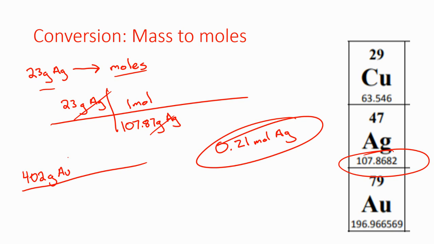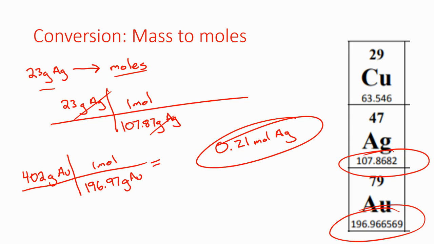Okay, welcome back. So I do this problem the same way. I find the molar mass of gold. It's 196.97 grams of gold for every 1 mole of gold.